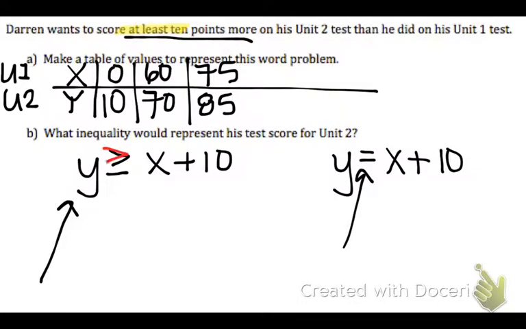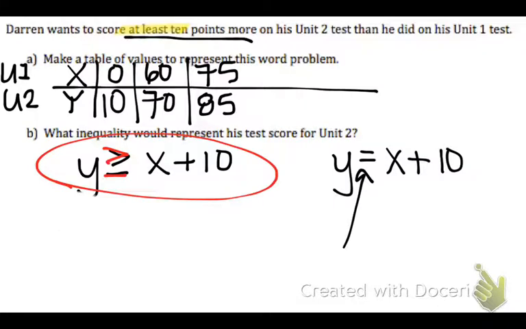He wants it to be better than his Unit 1 plus 10, or he wants it to be at least equal to his Unit 1 plus 10. Okay, at the very least, he wants it to be equal to that, but he would love for it to be more. So our equation for number 1 is y is greater than or equal to x plus 10.